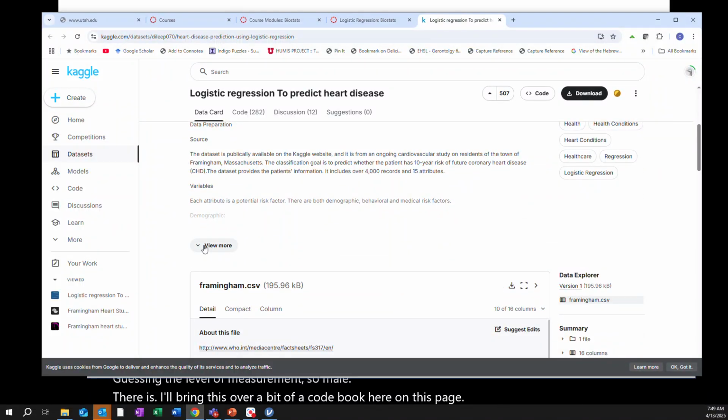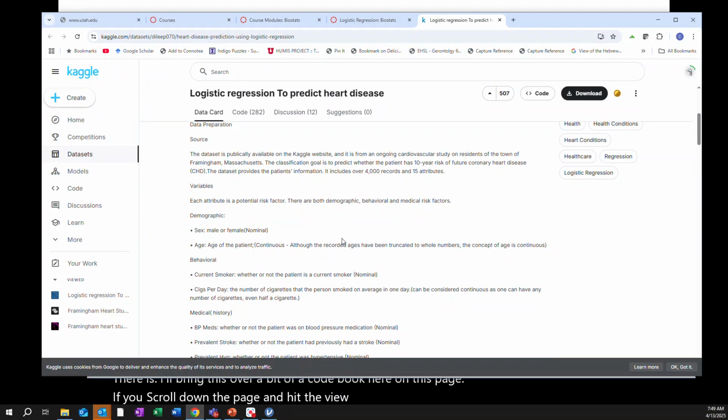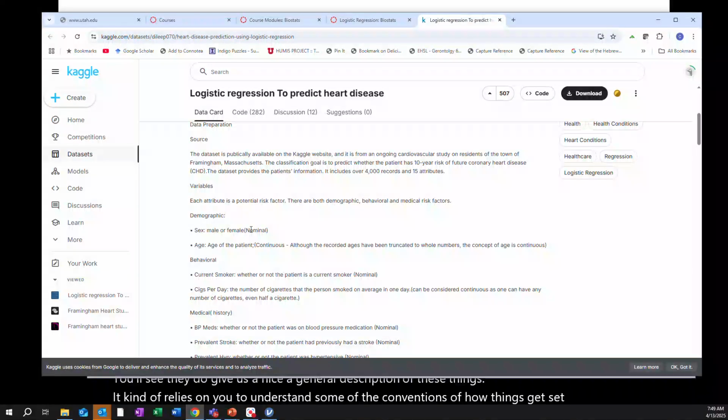If you scroll down the page and hit the view more, you'll see they do give us a general description of these things, and it kind of relies on you to understand some of the conventions of how things get set up. So we'll take our best guess here.